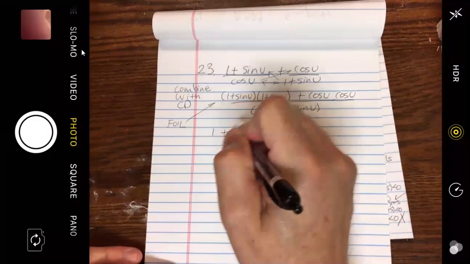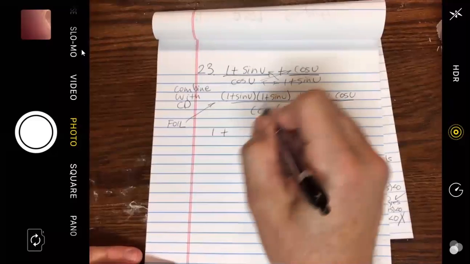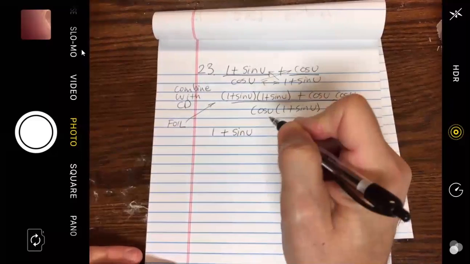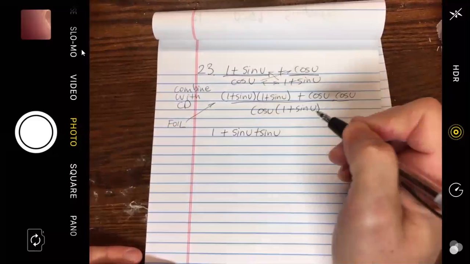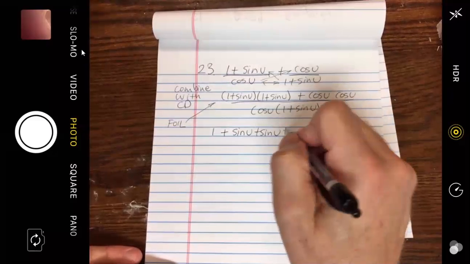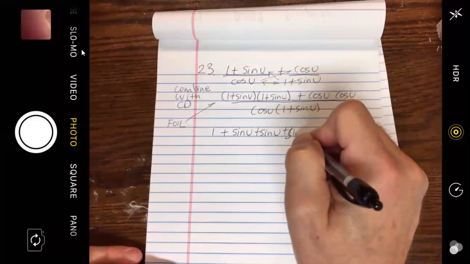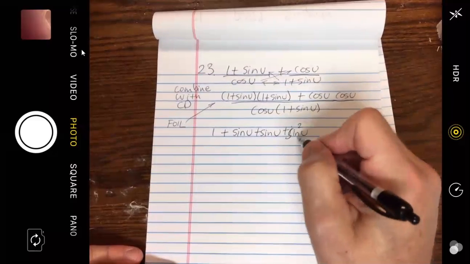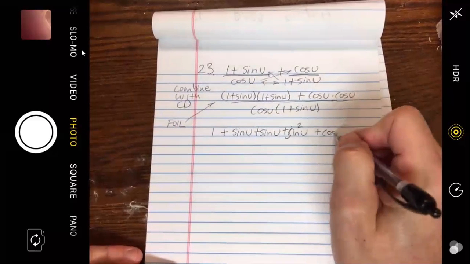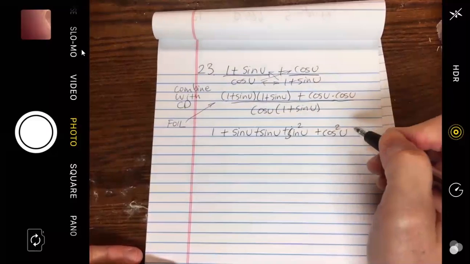1 plus 1 times 1, 1 times sine u, sine u times 1, another sine u. Sine u times sine u, sine u squared. They'll write it sine squared u. Cosine times cosine, that's a cosine squared u.